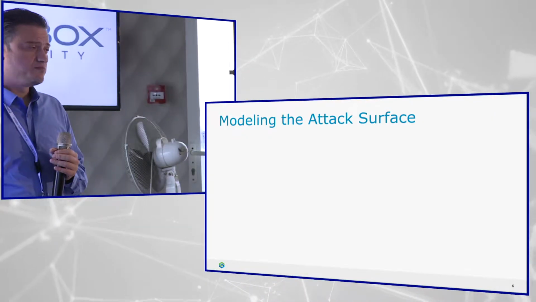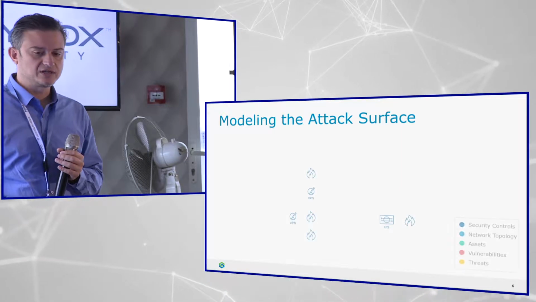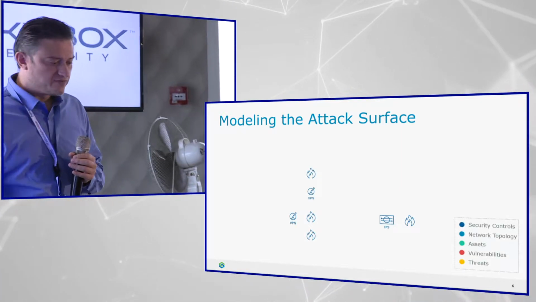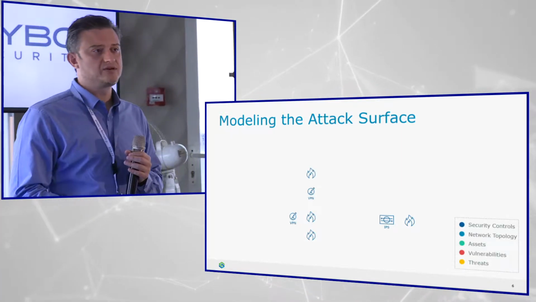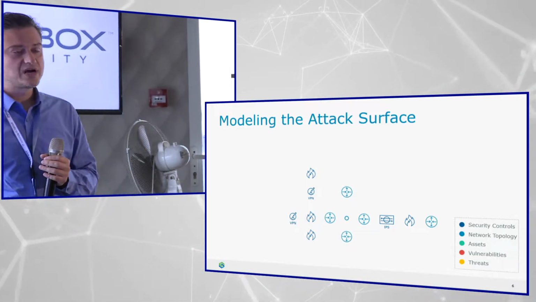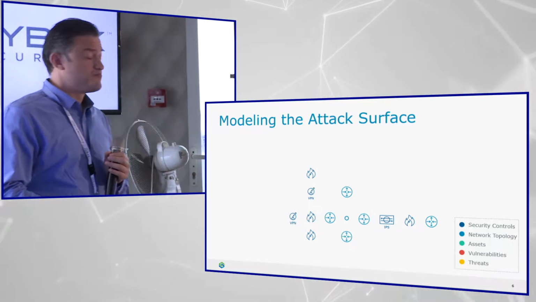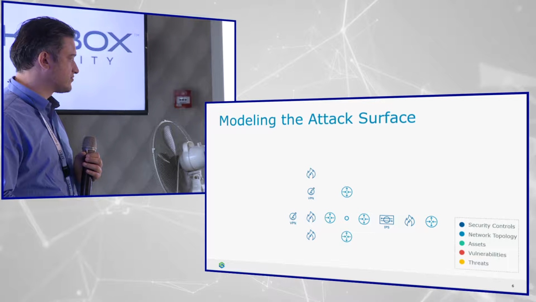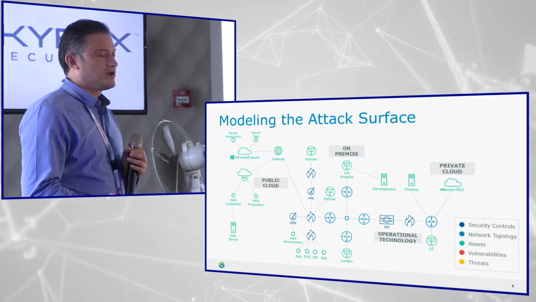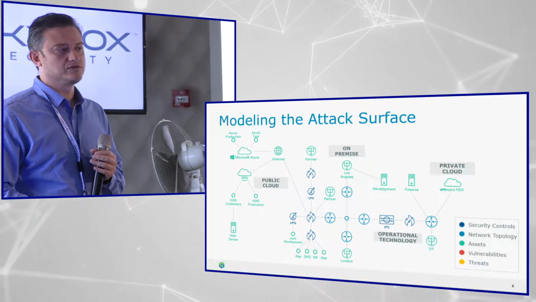What we are doing, our main goal, is modeling the attack surface for the organization. What does it mean? The attack surface is basically our security controls, our VPNs, firewalls, IPS devices. And then we come to the network, routing devices, load balancers, etc., multiple vendors inside of the infrastructure. But our organization is not only the infrastructure security controls.